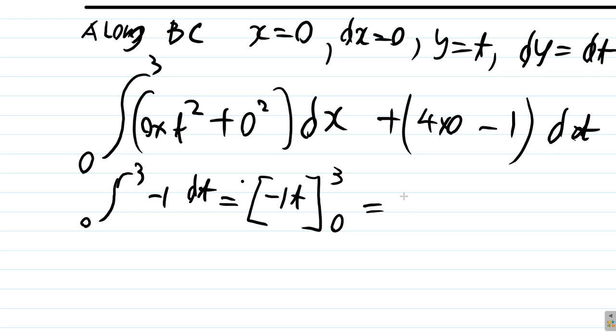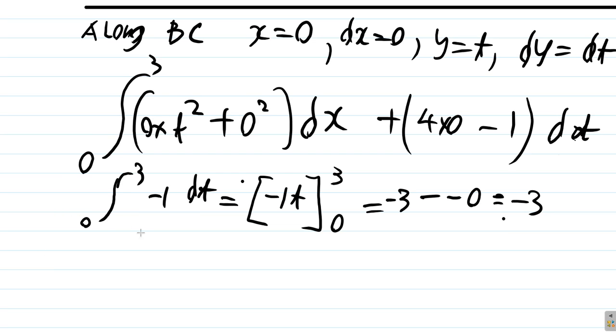The upper boundary is 3, so it's negative 3 minus negative 1 times 0. But negative 3 minus 0 is just negative 3. So the answer here is negative 3. See that part?